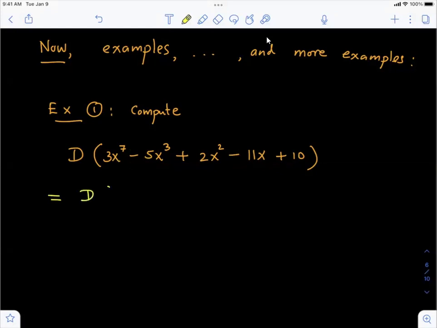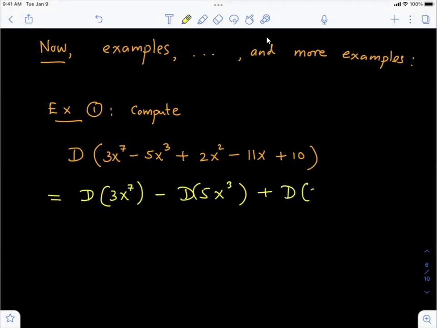The derivative of 3x to the 7, since it's just addition or subtraction, what you're going to do is to separate them, and then minus the derivative of 5x to the 3 plus the derivative of x square. Let me just, let's do it like this.